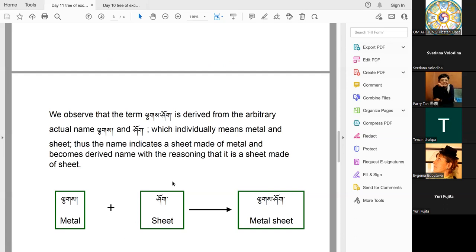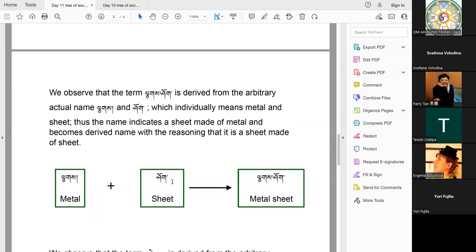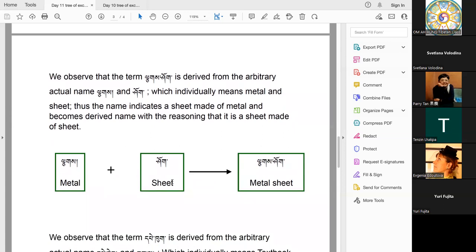For example, most of these are made of aluminum, sometimes they're made of steel, in which case it becomes alloy. But since we have the scientific term for alloy, but generally we just call it chak, which means every type of metal. So chaksho means metal sheet.